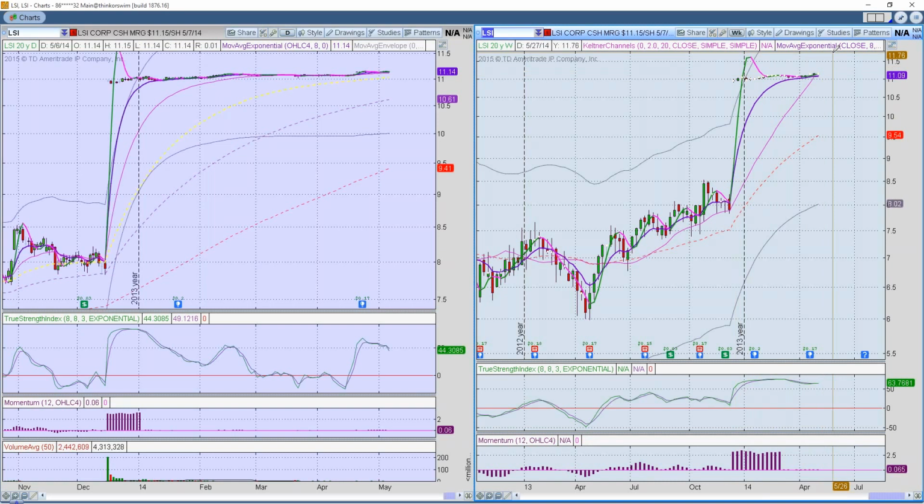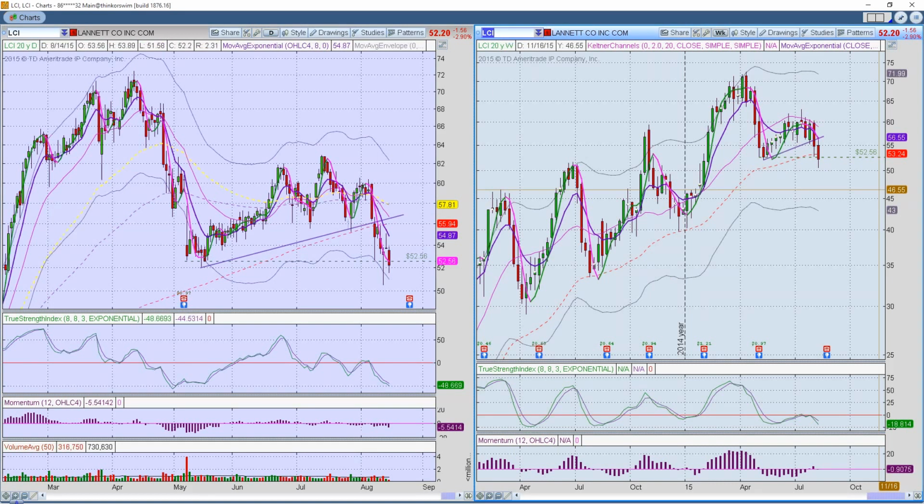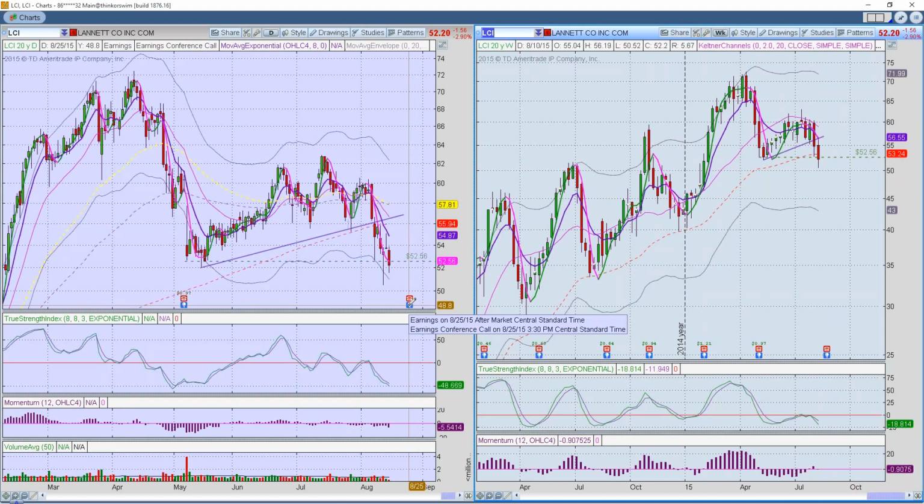Another company. But if you meant LCI, which I think is one of the ones that's been on our watch list, it is in the process. Okay, we've broken down from this uptrend. It's moving towards earnings here on the 25th of August, and looking very, very weak.